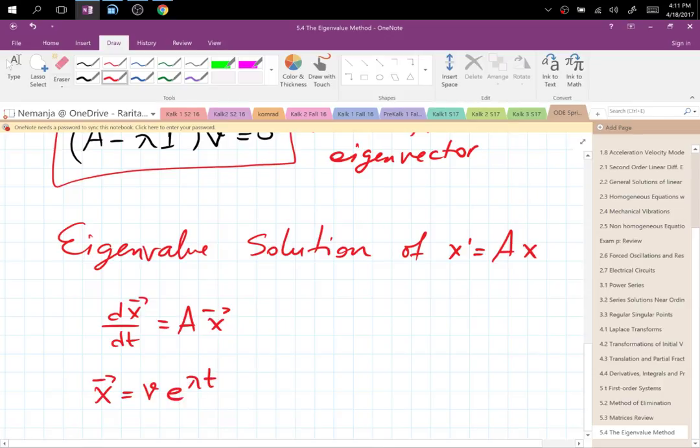So V is an eigenvector associated with eigenvalue lambda.